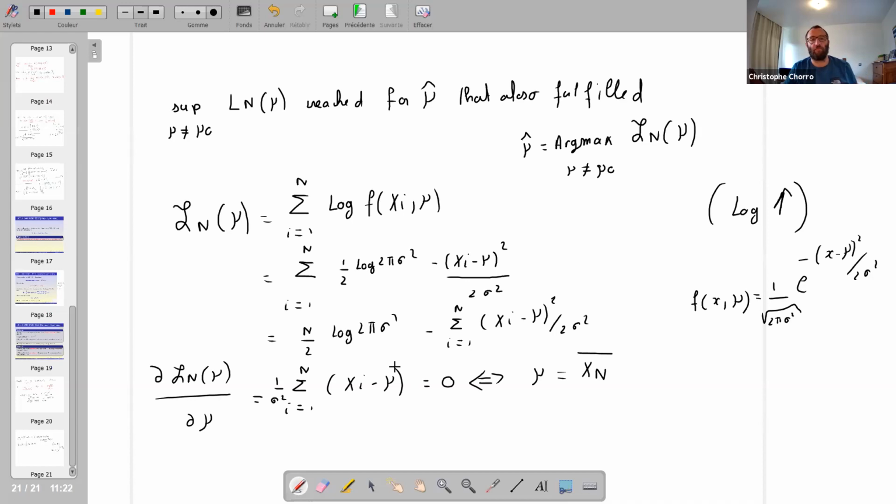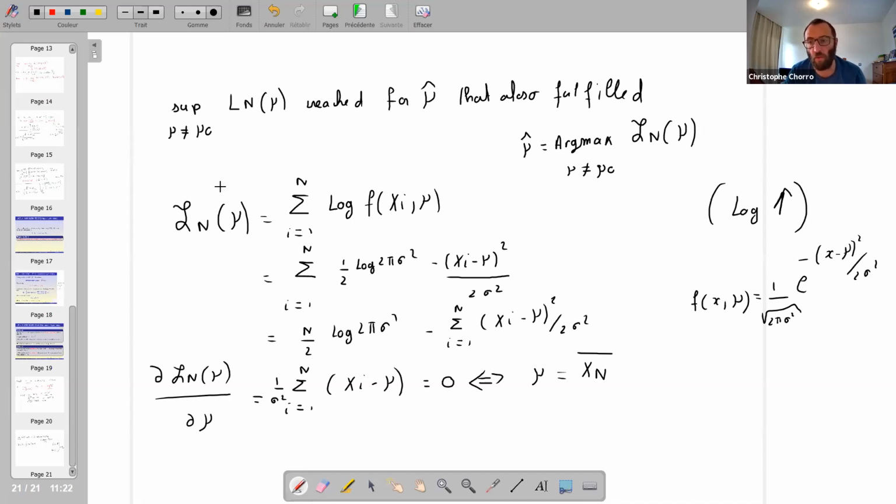So in fact, the supremum I want to compute here is none other than the value of the likelihood at the sample mean. I obtain this saying that to take the supremum of the likelihood is the same as to take the supremum of the log likelihood, because log is strictly increasing. The log likelihood in the case of my Gaussian is obtained this way, with a computation I have already done.